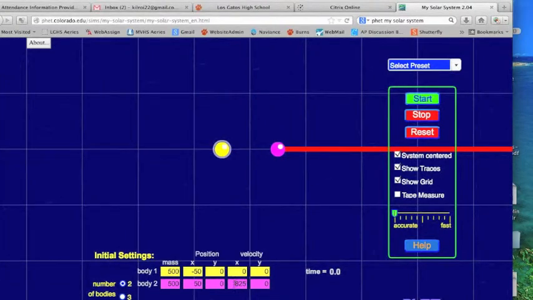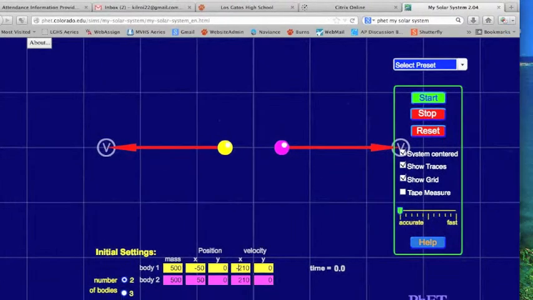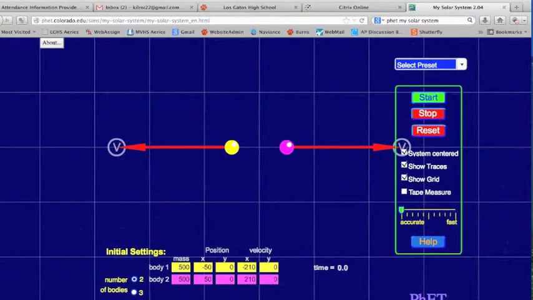And I'm going to have them go away from each other at 210. I went away from each other, so that's going to be negative. And I picked 210 because they should come real close to leaving the screen. They might, on my laptop, they might leave the screen. We'll see.